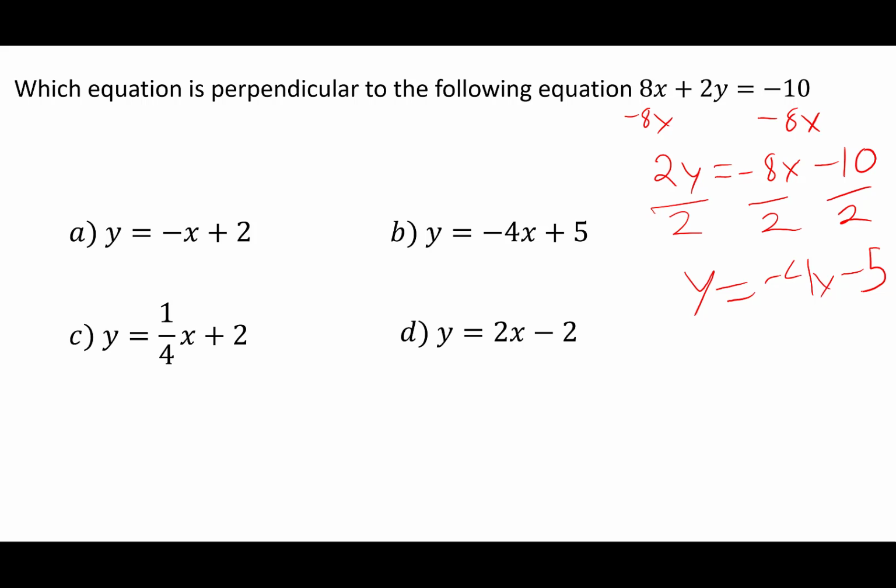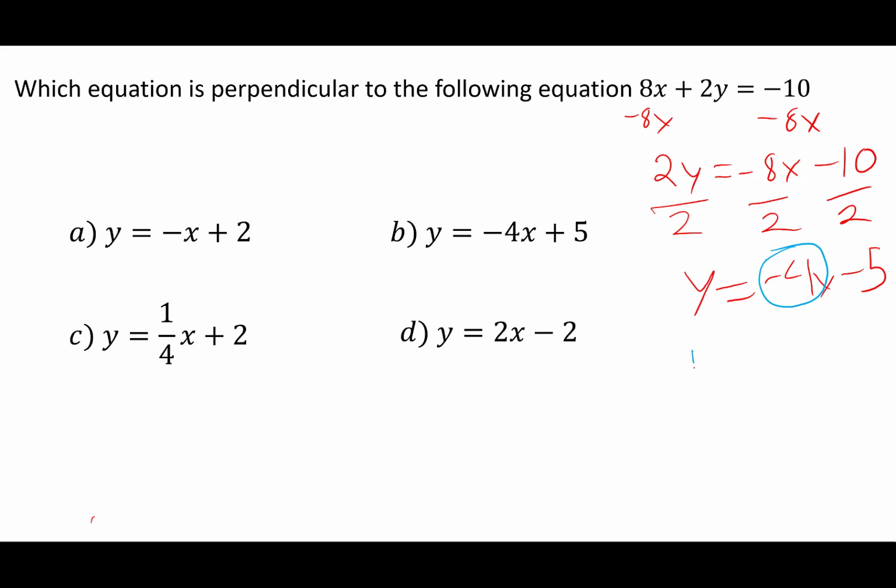All right, so now we're looking for a perpendicular slope. So my slope here, right, is negative 4. Well, what is the perpendicular slope? So remember, perpendicular lines have opposite reciprocal slopes.